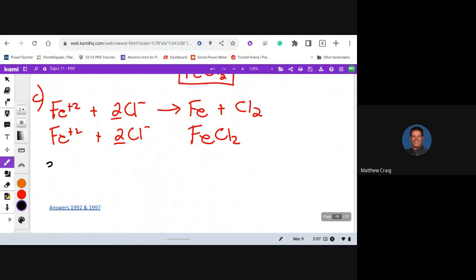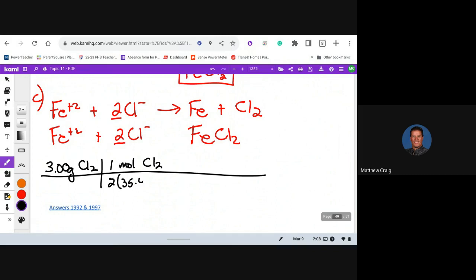Grams. So 3 grams of chlorine, 1 mole of chlorine, 2 times 35.45, and 1 mole of chlorine. How many electrons? 2, one for each chlorine.